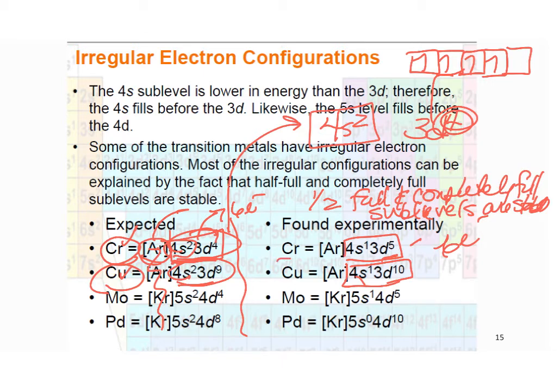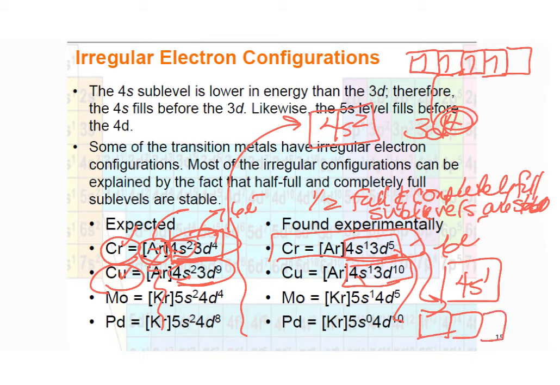Now let's look at the actual electron configuration of chromium that has been found experimentally. So we have 4s1, so that we know that's half full, so that's good. Let's look at the d sublevel again. So let's draw out the 5 orbitals that we know are in d. And now we have 5 electrons in them.